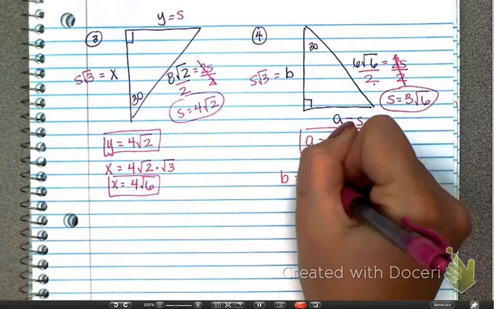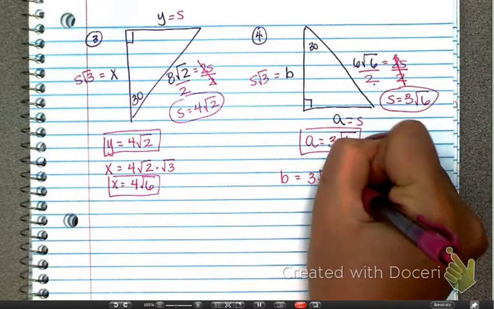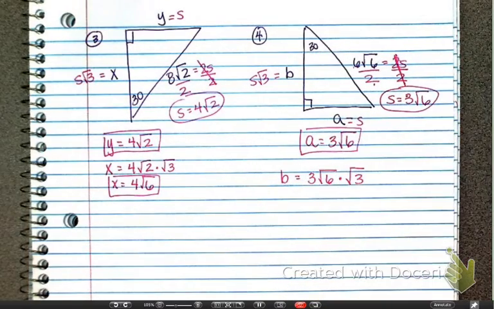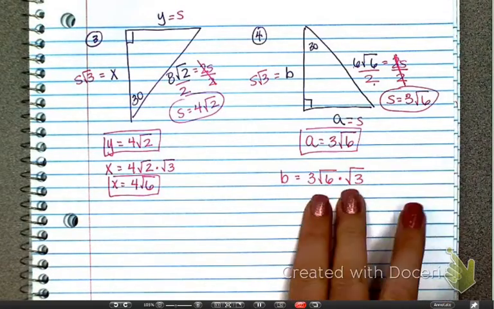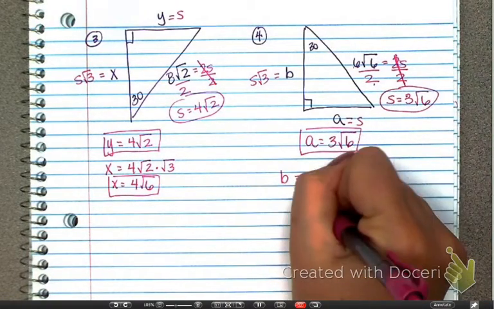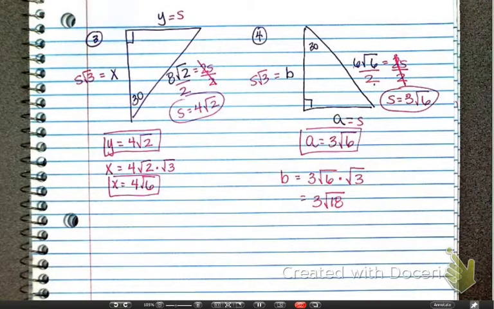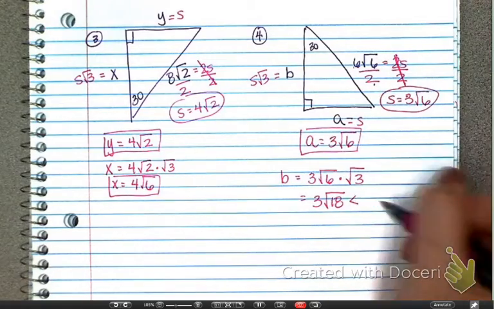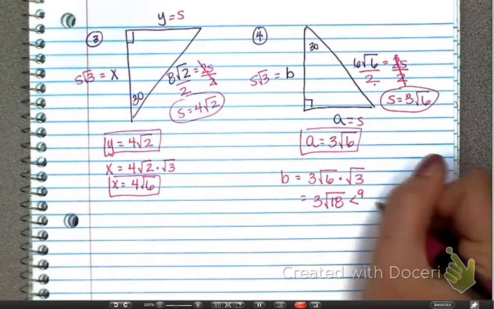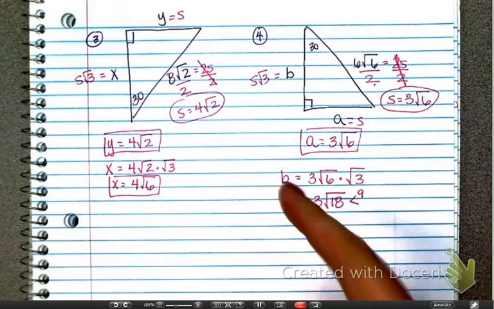B is 3 radical 6 times radical 3. What is radical 6 times radical 3? 18. Now, you need to ask yourself whether 18 simplifies. And my answer to that is that it does. Right?